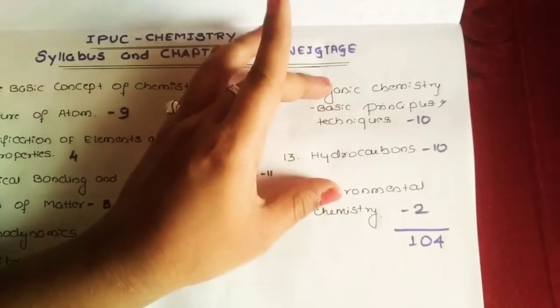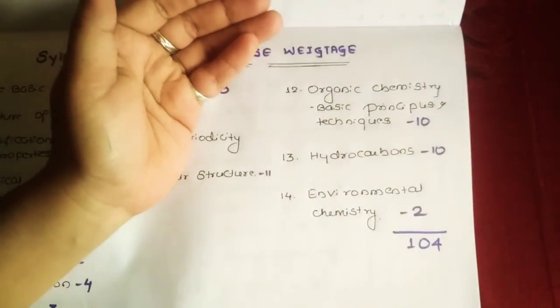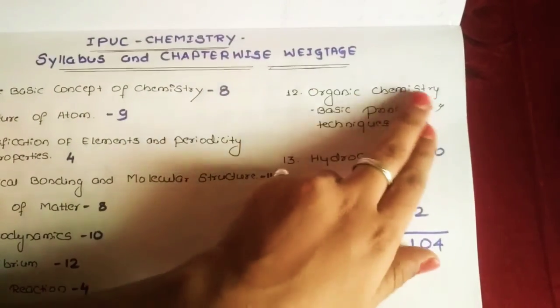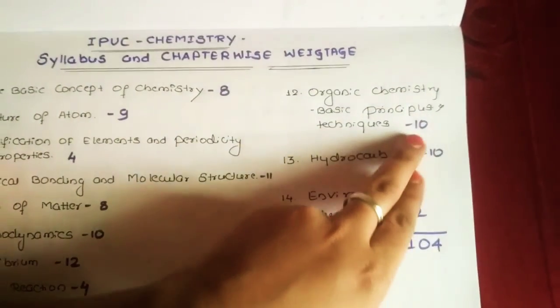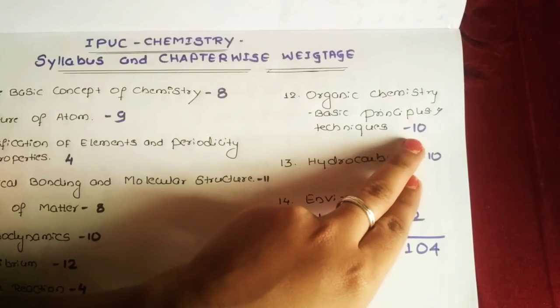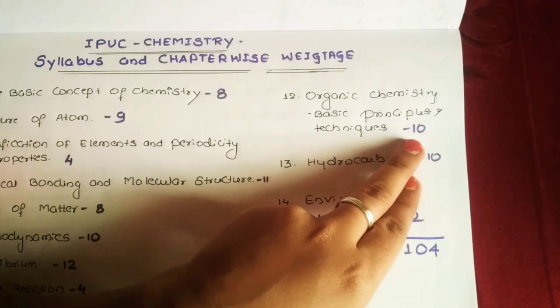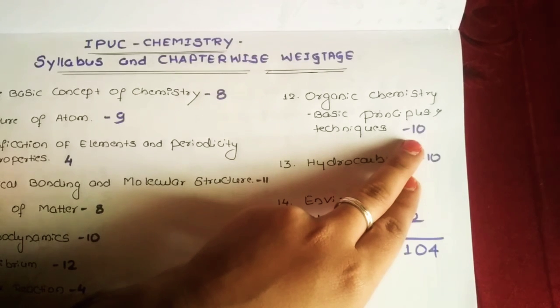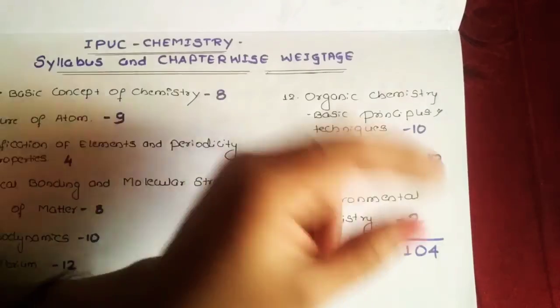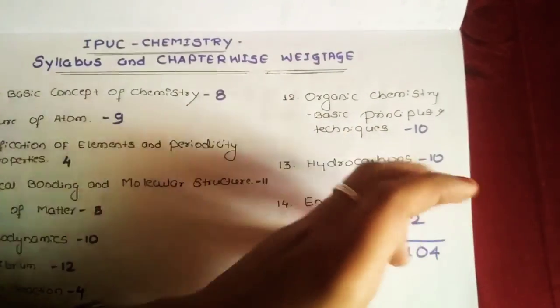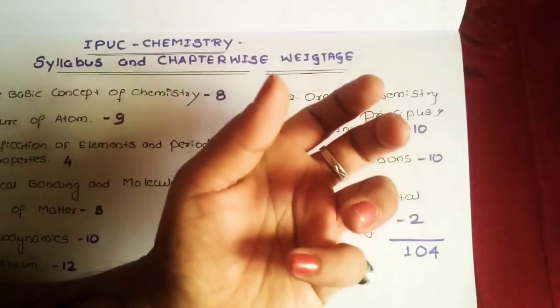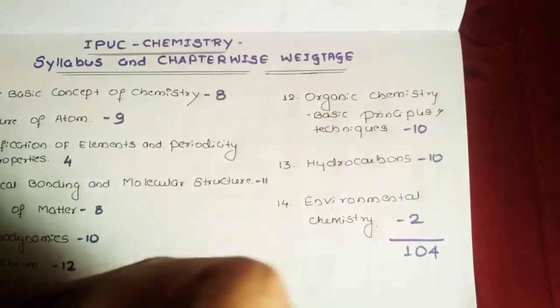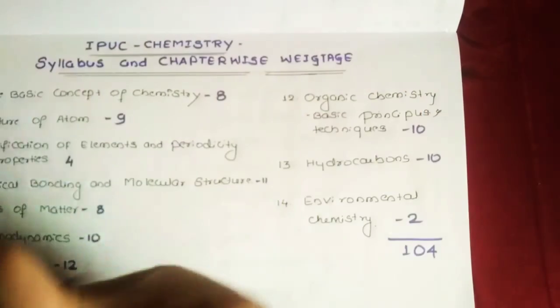Here these three are the organic chemistry part, starting with organic chemistry basic principles and techniques, where the weightage is around 10 marks. Here we're going to study the basics of organic chemistry and isomerism, and the movement of electrons in a given organic substance, like the inductive effect, mesomeric effect and resonance effect.